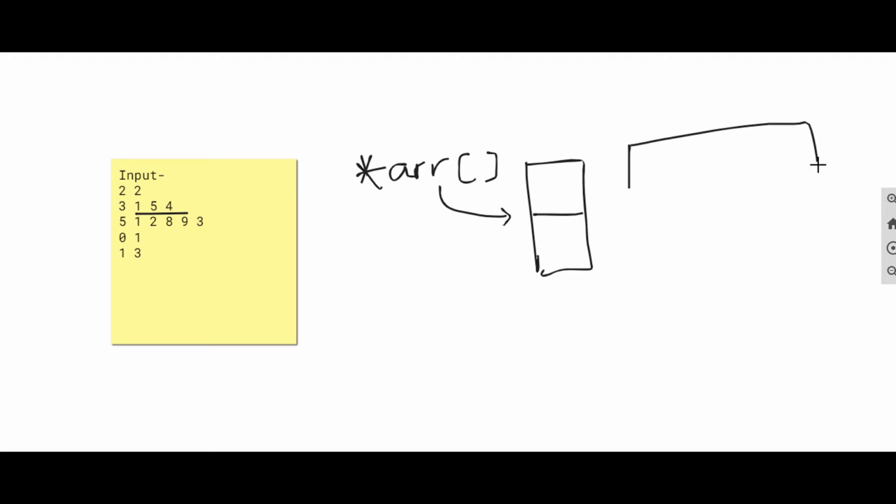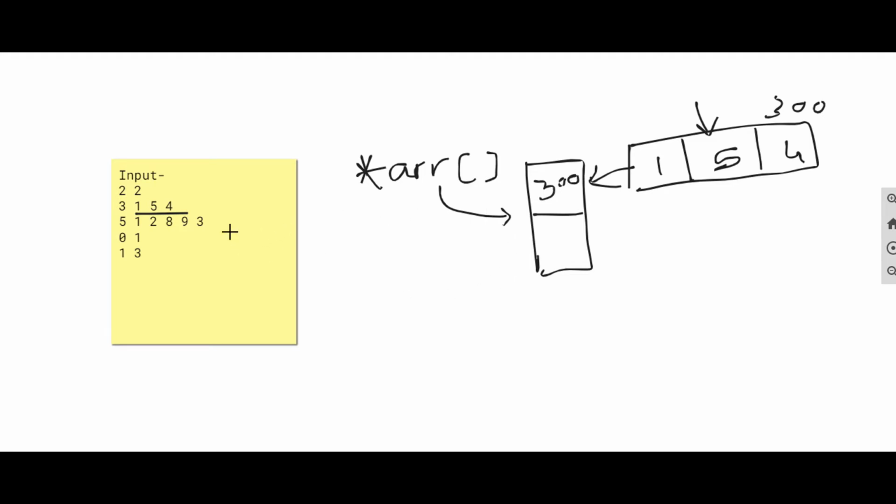We'll create another array. So this array has 1, 5, 4. We'll store 1, 5, 4 in it, and we are going to store the address of this array into our main array. So suppose the address of the array is 300, then we are going to store this address inside this array, which is 300.